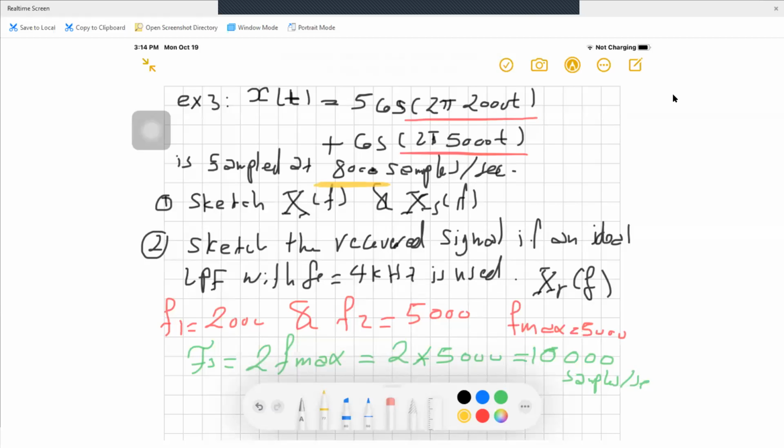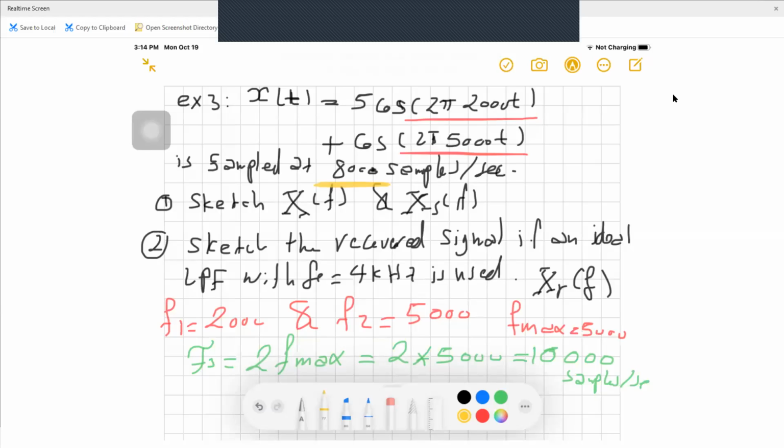No, sir. It's okay. Well, now we have 2 frequencies, 2000 and 5000 hertz. Maximum frequency is 5 kilohertz, so the Nyquist rate will be 10 kilohertz. We said that for successful signal recovery, we have to sample the input signal X of t at least by sampling rate equal to Nyquist rate or greater.